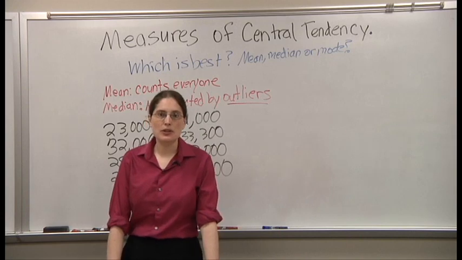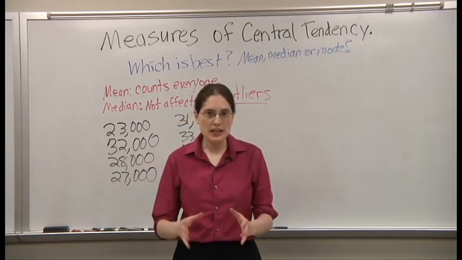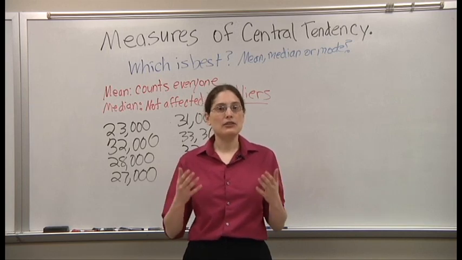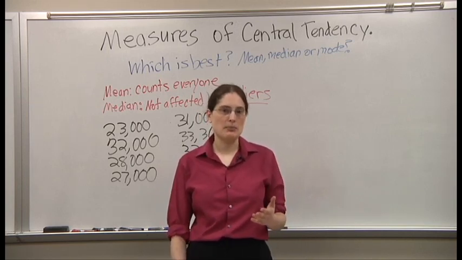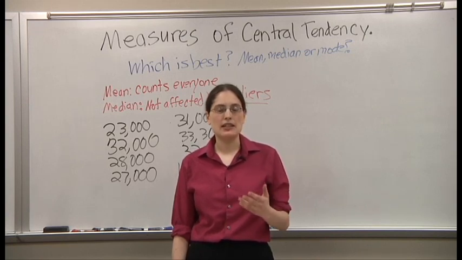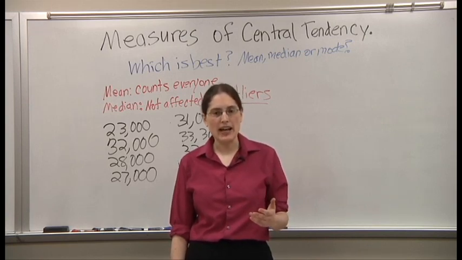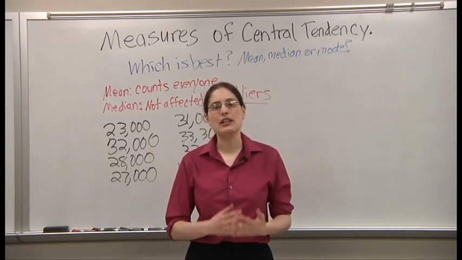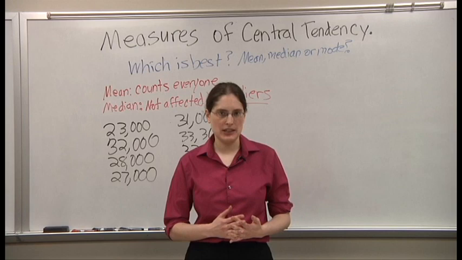In fact, when the government wants to study the economic situation in a neighborhood, they look at the median income, not the mean income, because it is the reflection of how a typical person in this neighborhood is doing economically.